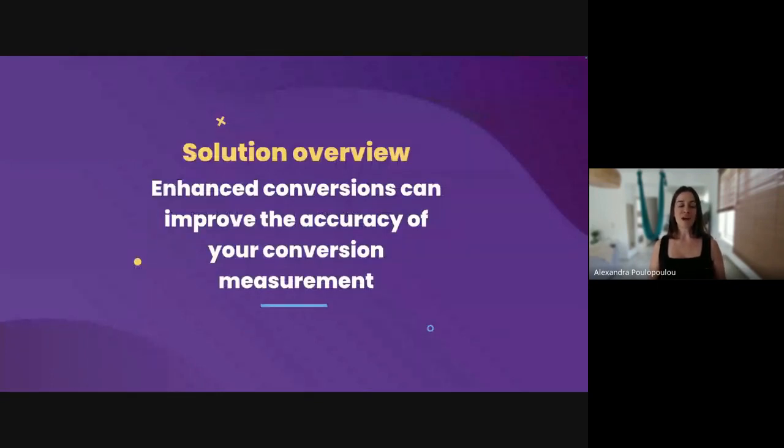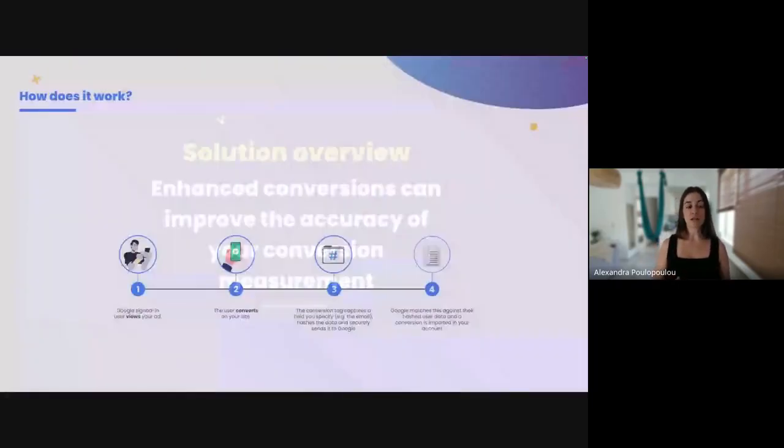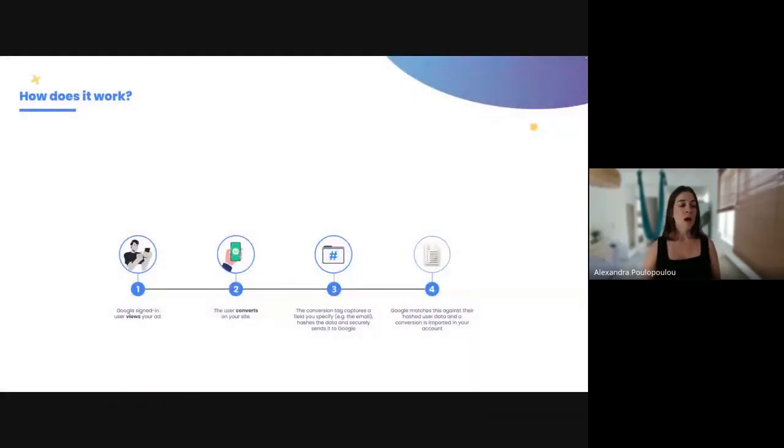I talked a lot about enhanced conversions, but we haven't talked about what they are doing in practice. Of course, they improve accuracy, and let's see how this goes. Let's take an example. First of all, let's say that we have a user browsing around the internet, and among the websites they visit and the different content, at some point they view your ad.